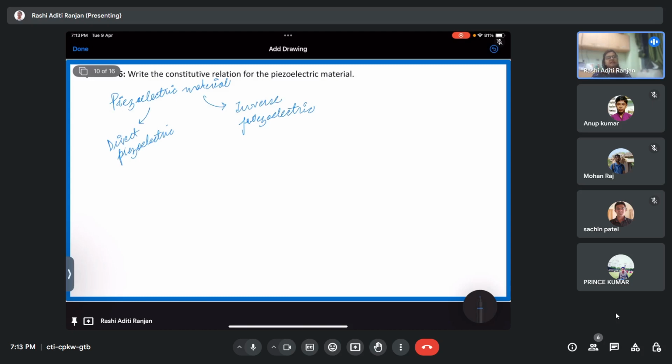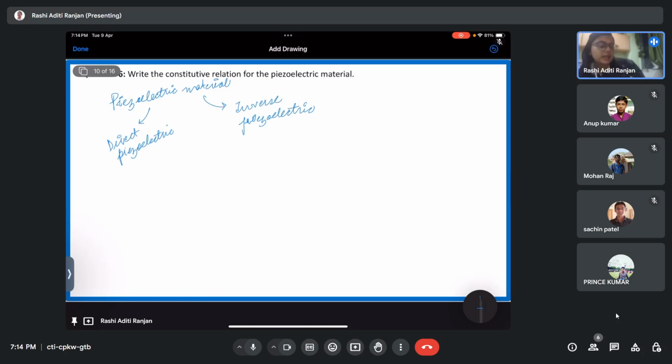So we define in case of a piezoelectric material two things. One is my strain, you people are familiar with it, and second is my dielectric displacement. You can consider dielectric displacement as an analogy to strain, and it is basically used for dielectric materials. It basically signifies how my charge, or basically how my dipoles, are actually moving inside the system.